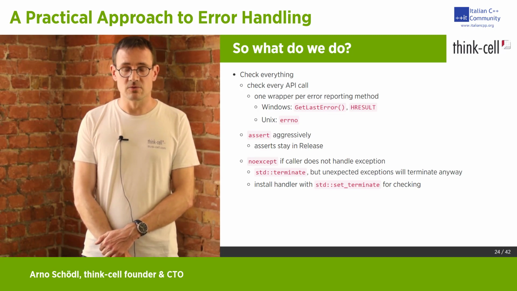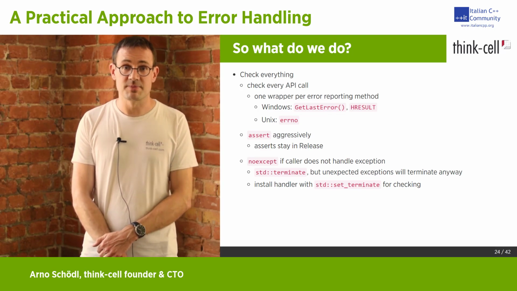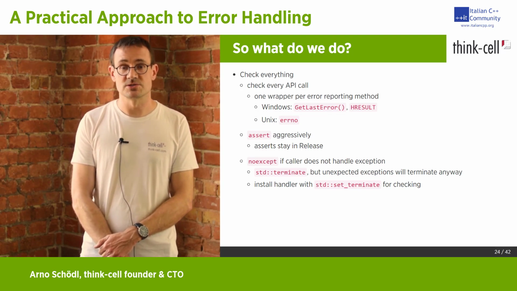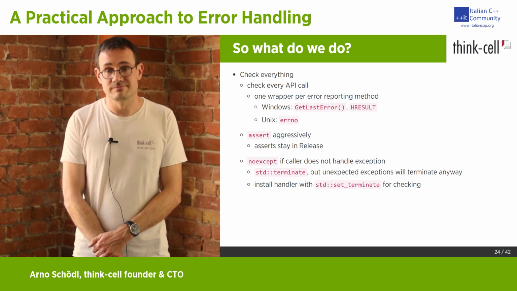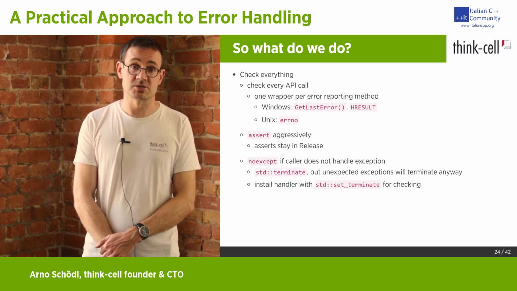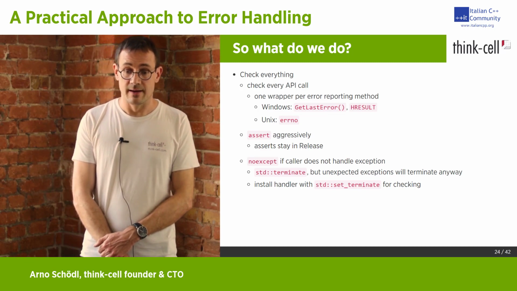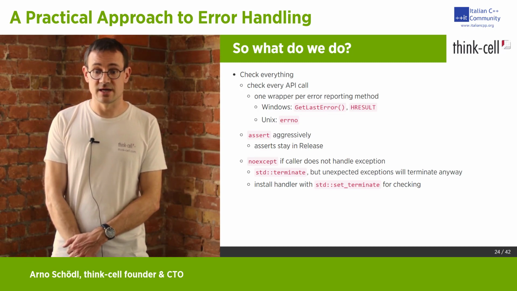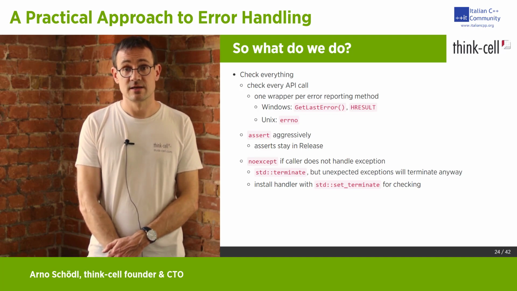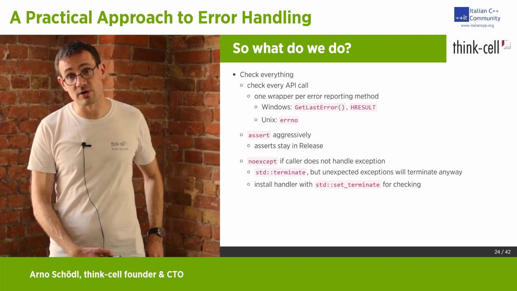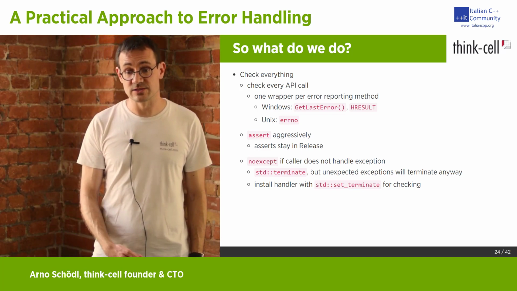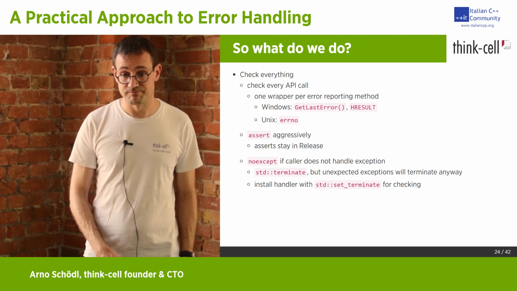And so if you write noexcept, then the C++ runtime will call std::terminate. But, well, it's not likely to be much worse than an exception that is ultimately not actually caught. And we can install a handler with set_terminate. We can install a handler that actually reports these cases and allows for debugging, but I'll come to that later.